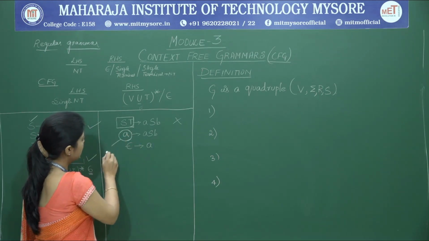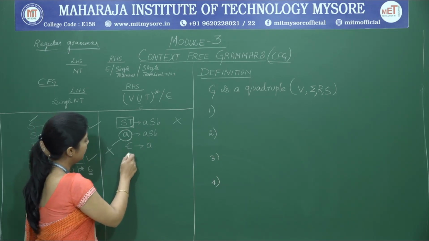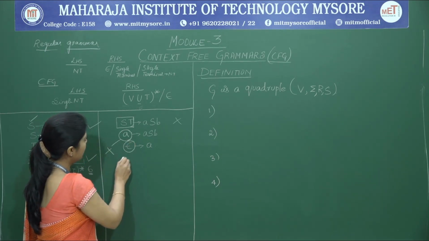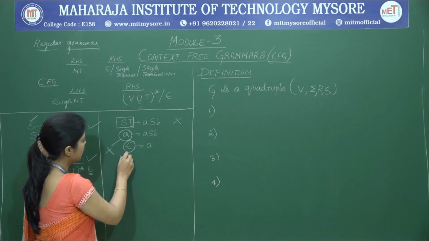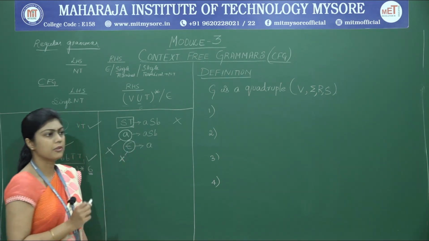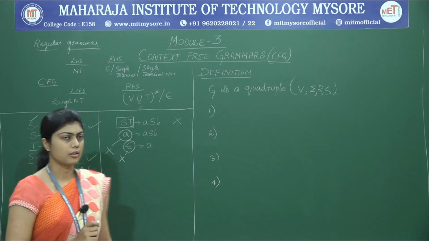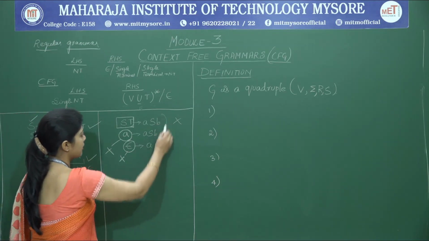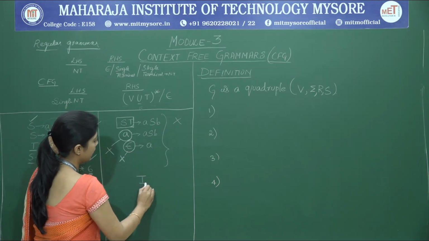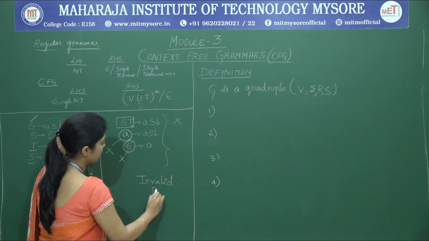So therefore this is not allowed because this has to be a non-terminal. Next you have an epsilon on the left hand side. This is also not possible because this place is reserved for the non-terminal, that is a single capital letter. So therefore these are some of the examples of the invalid rules.